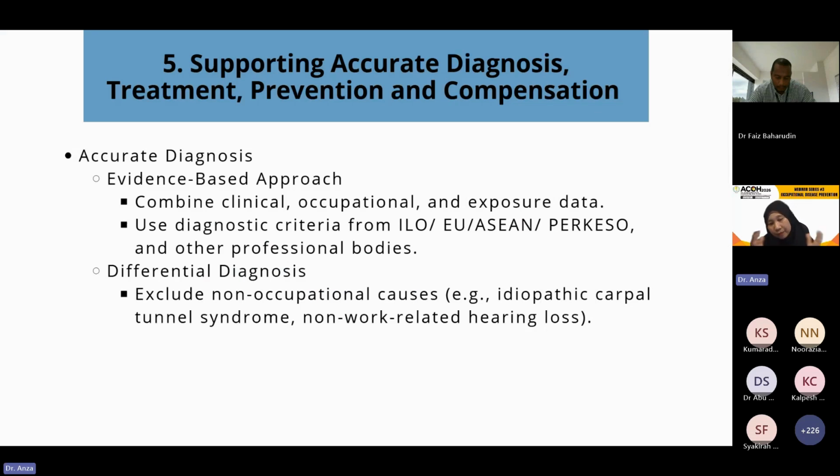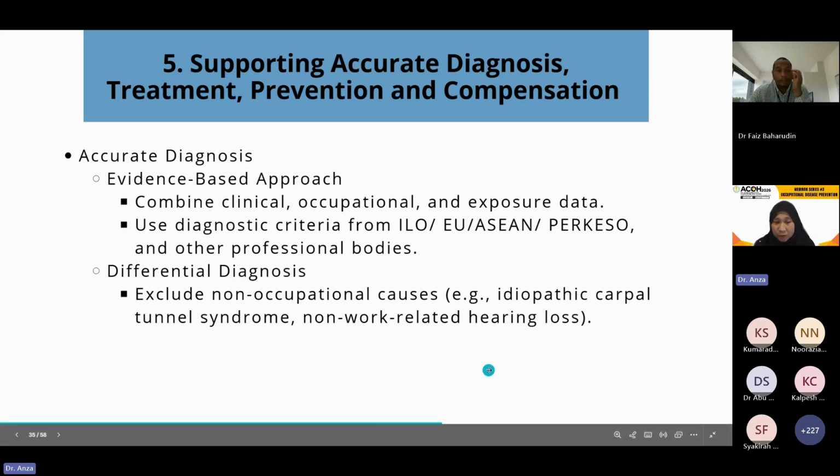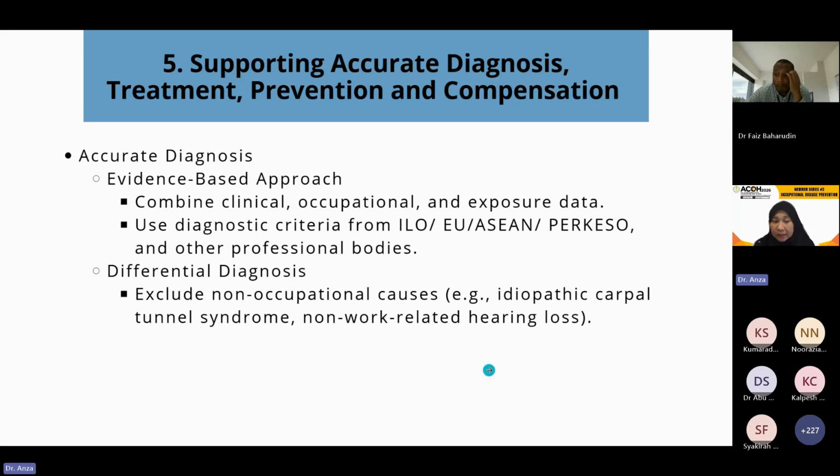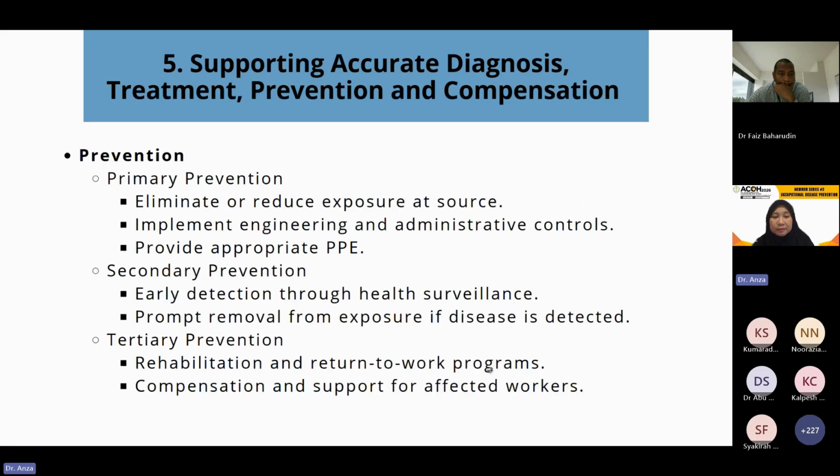Just as I explained just now, our role is to support accurate diagnosis. It is an evidence-based approach. We need to remember about differential diagnosis, and we need to exclude non-occupational causes as well.